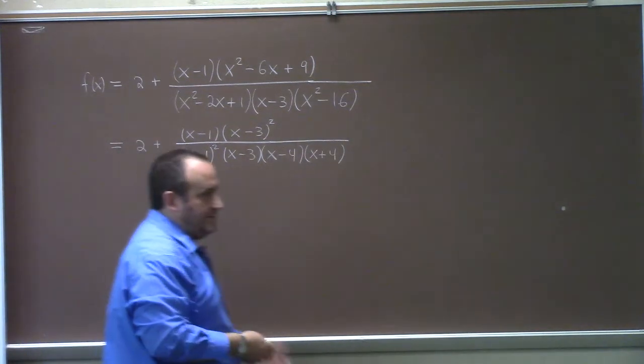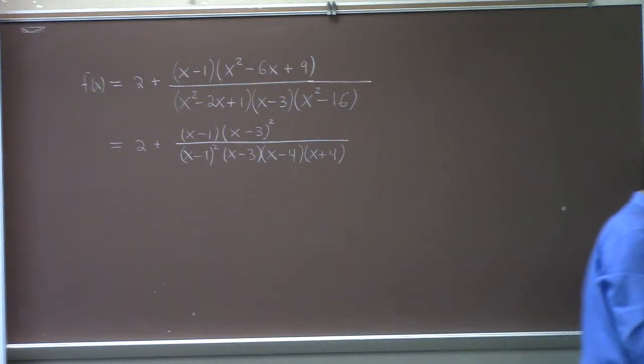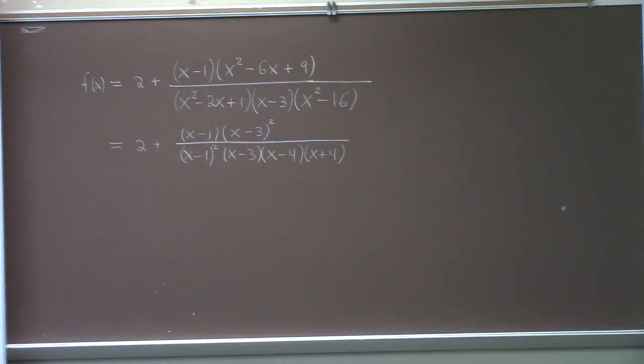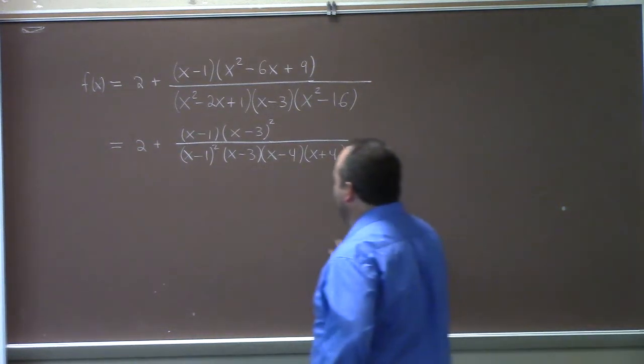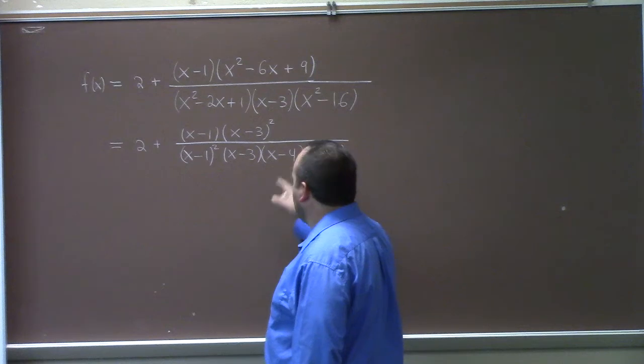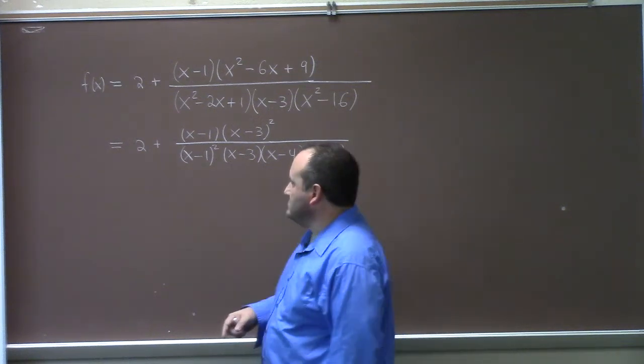So from that, I can tell you that, as we think about graphing it, we have x equals 1, 3, and 4. Those are interesting points to think about, right?